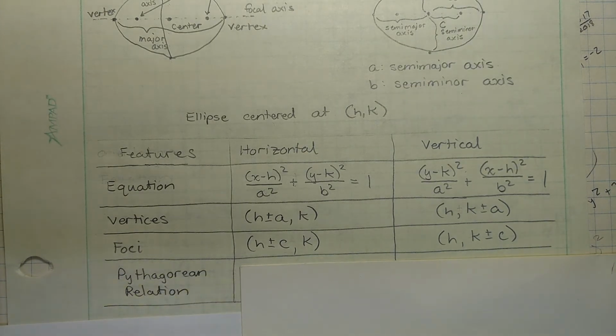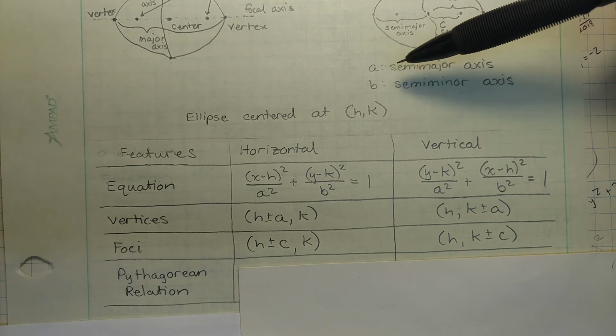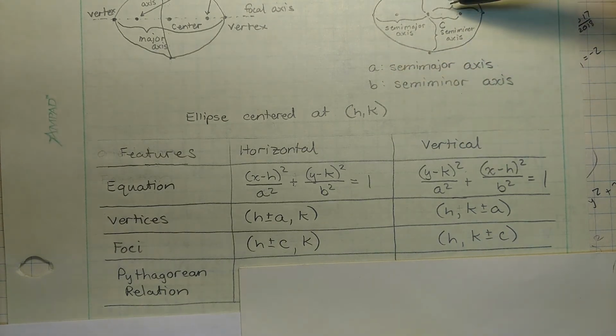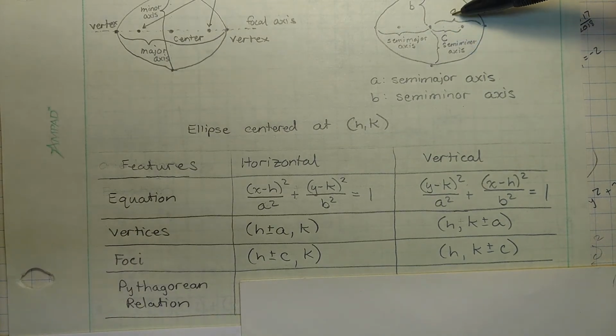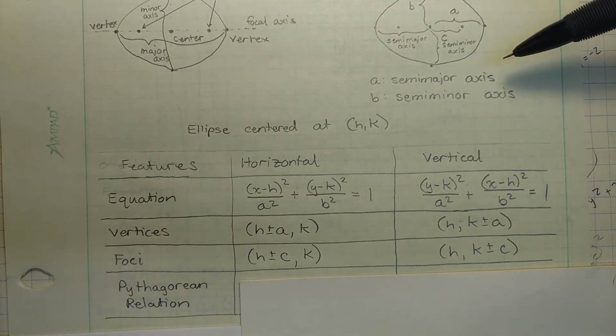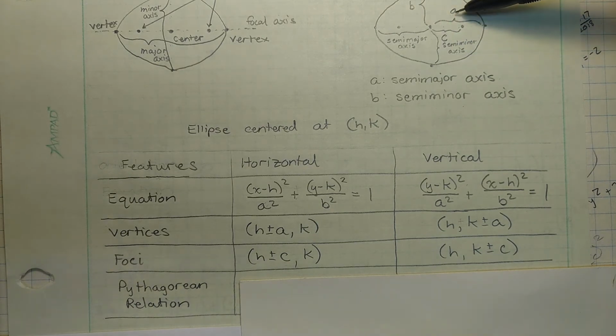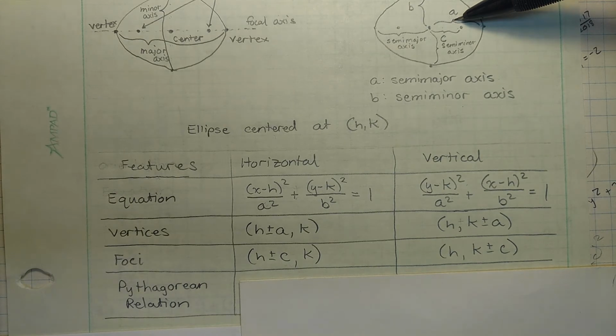Now, there is a special relationship between A, B, and C called a Pythagorean relationship because it follows the same relationship as the Pythagorean theorem. The one thing is it doesn't exactly follow the way we're used to seeing the Pythagorean theorem, because if I look up here at my ellipse, notice which is biggest between A, B, and C. I think you can see pretty clearly it's got to be A. So it's got to act like the hypotenuse of the right triangle.